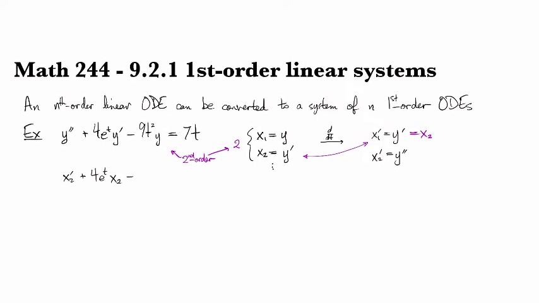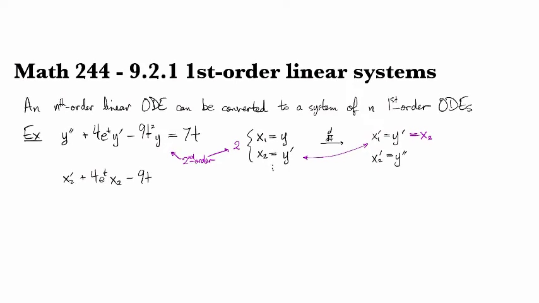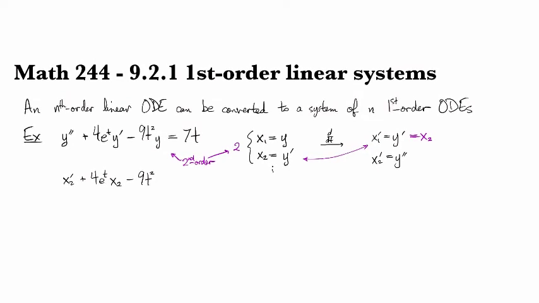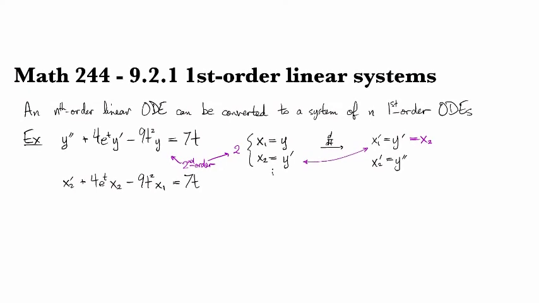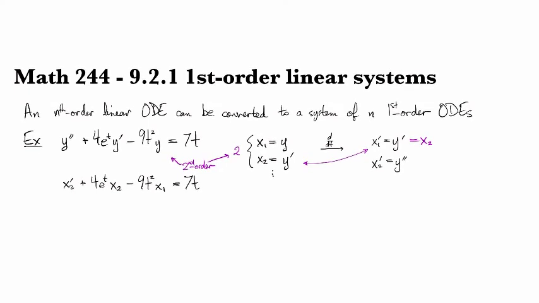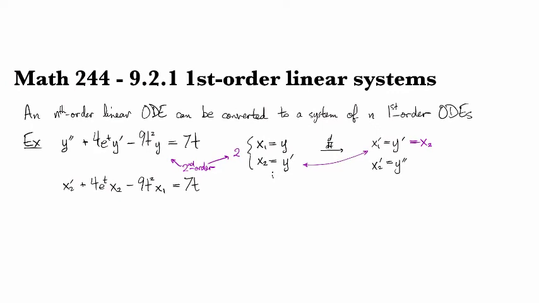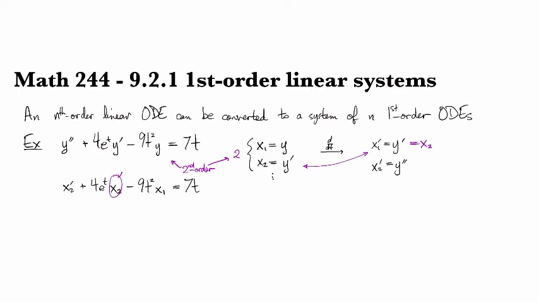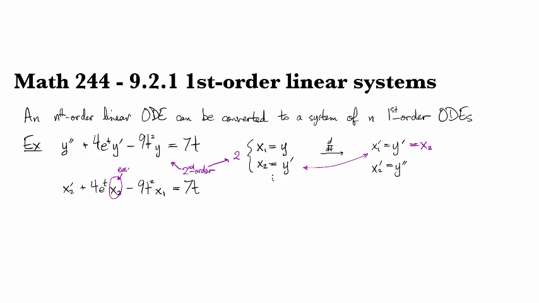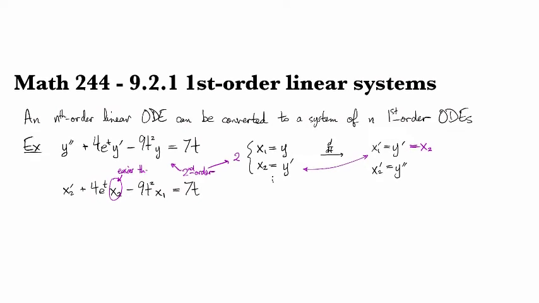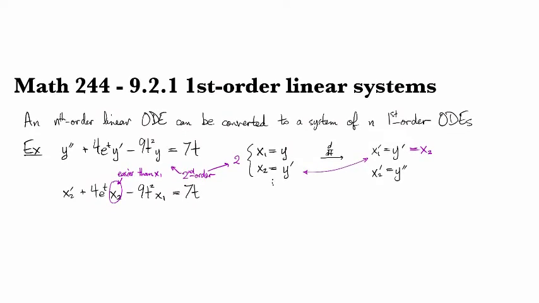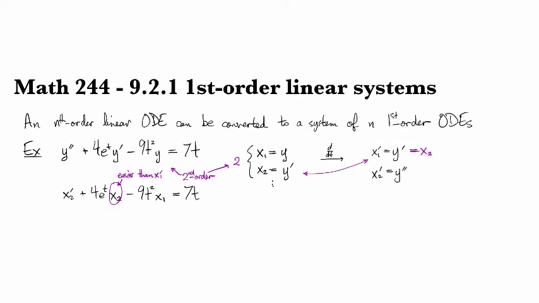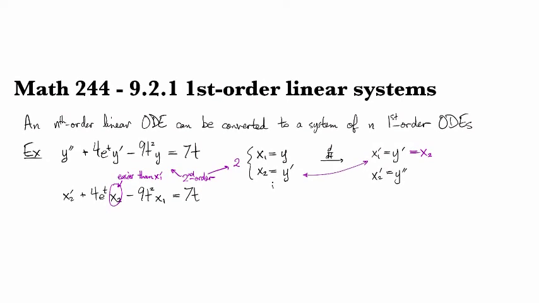So I'll go with that one, and then minus 9t squared, and then y was x1, and then this is 7t.